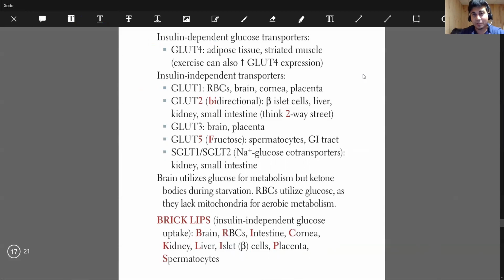Now, this striated muscle, whenever it needs glucose, that means whenever the muscle is contracting, let's say you are in the gym and you are doing exercise, and you need the glucose supply inside your muscle cell. How can you get it? When there is insulin, insulin will push the glucose inside by putting the glucose transporter in the muscle cell.